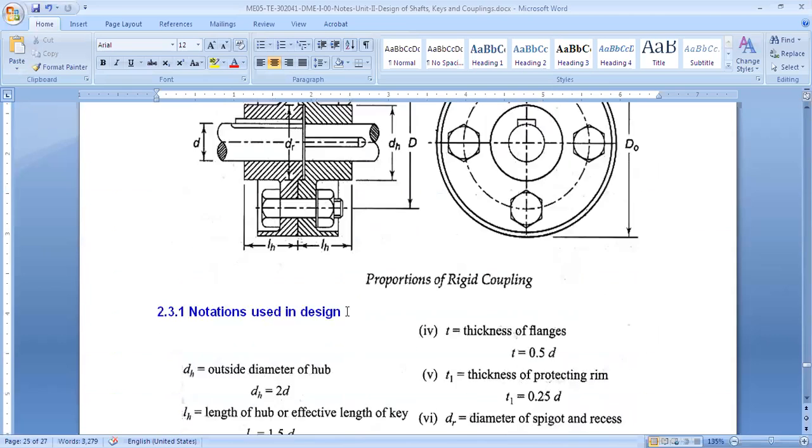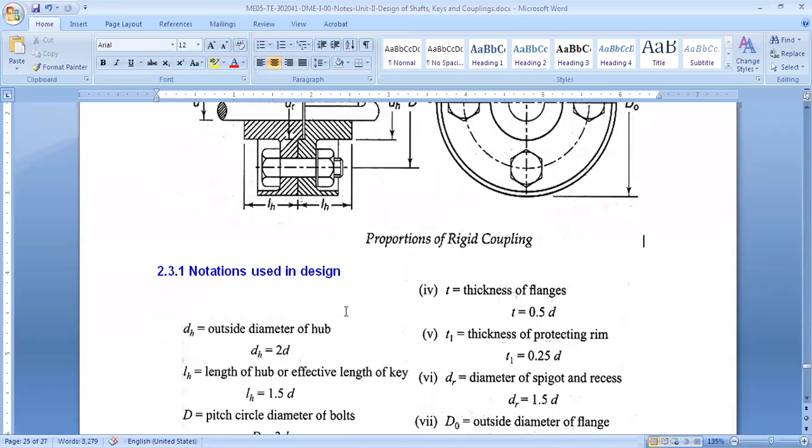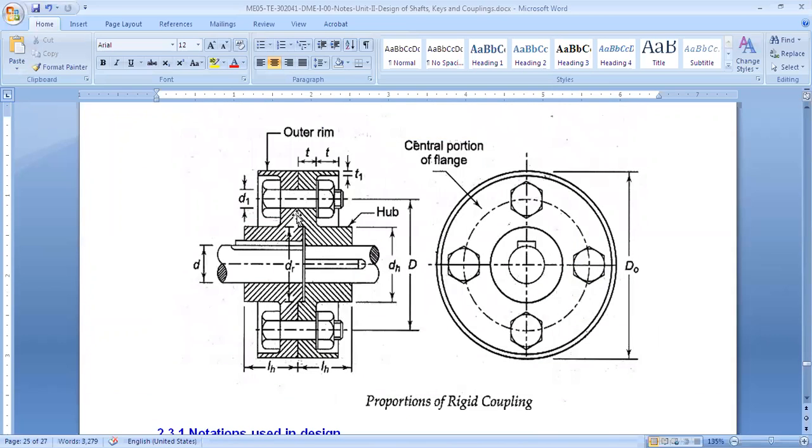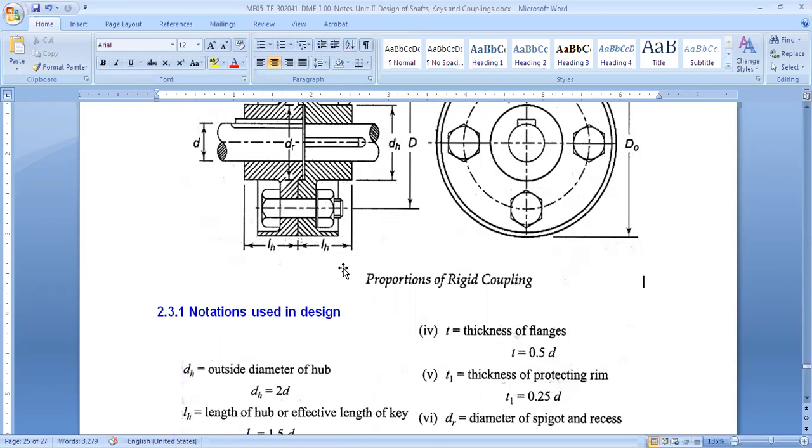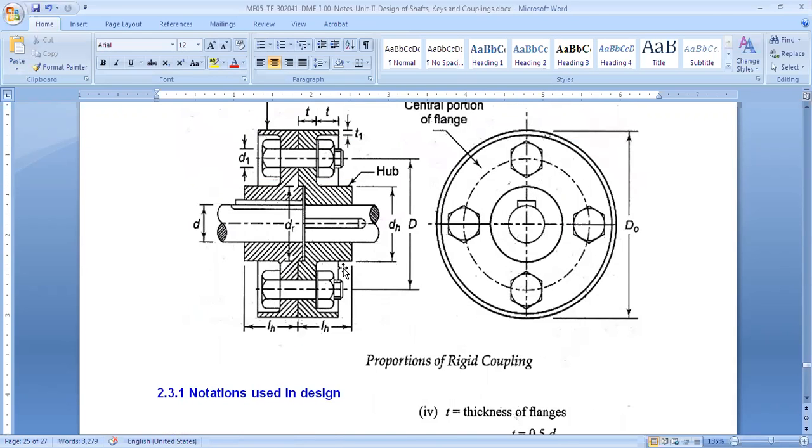So LH is the length of the hub, and T is the thickness of the flange here. Now this part is T, the thickness of the flange again, and the protecting outer rim shown is also T. So at the top, the width of the flange is 2T, right? But where the nuts and bolts are joined, it is T. Now T1 is the thickness of the protecting ring.